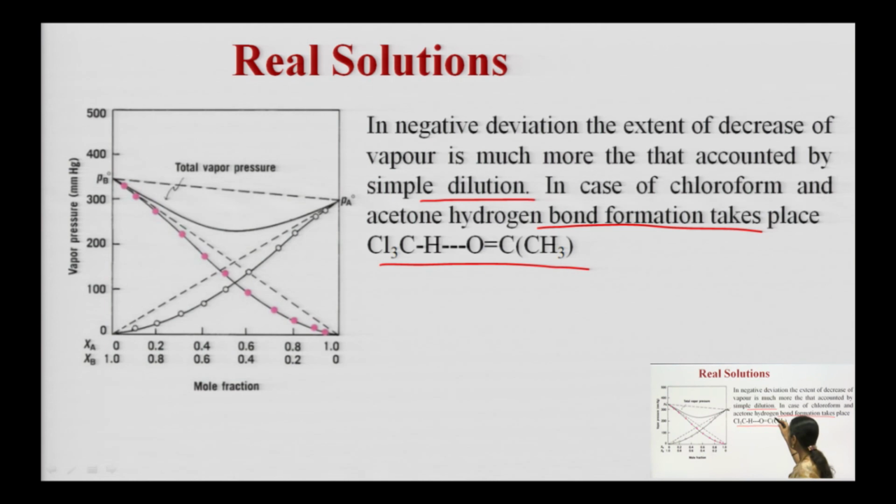So, due to the presence of the hydrogen bond, the total vapor pressure has reduced. This shows negative deviation.